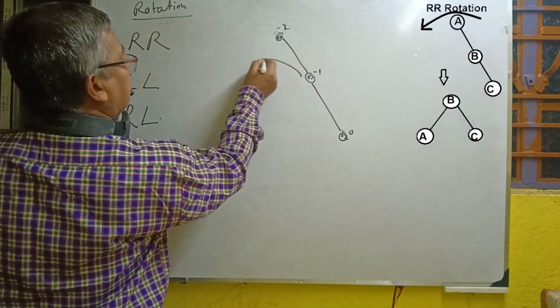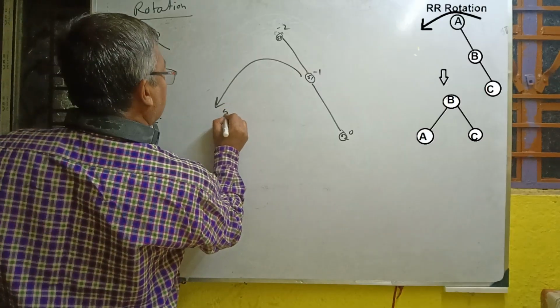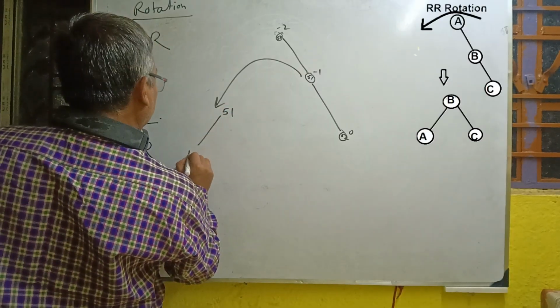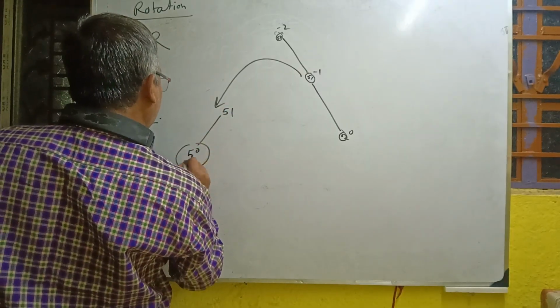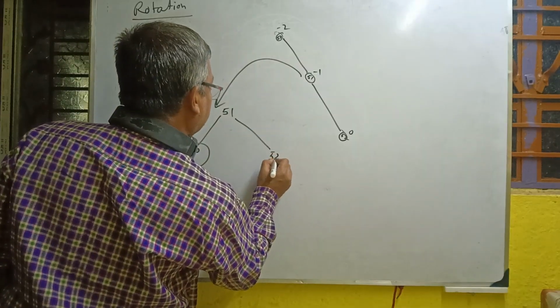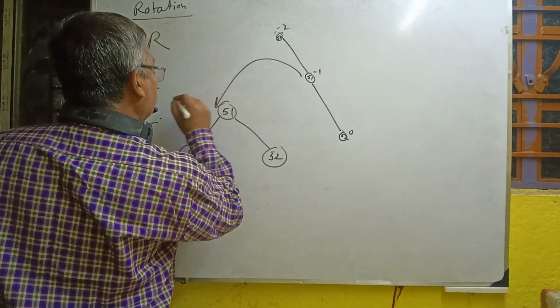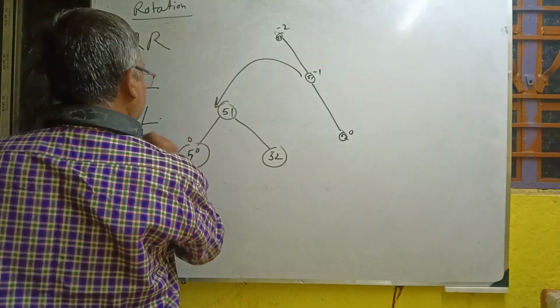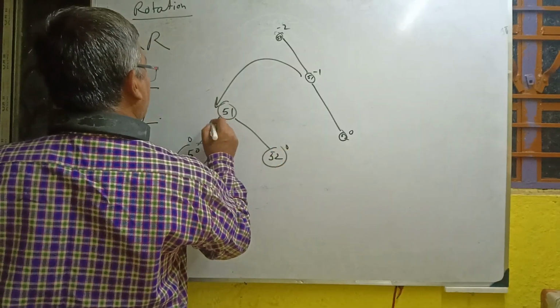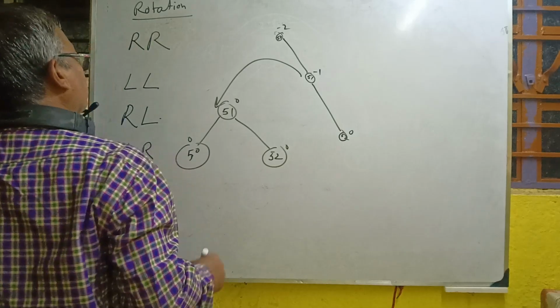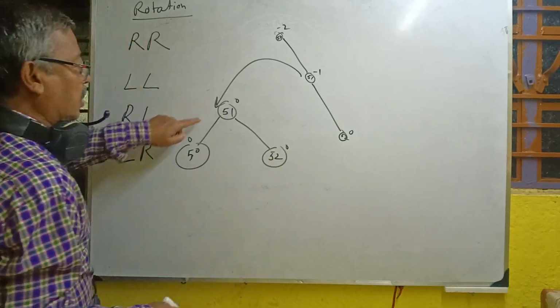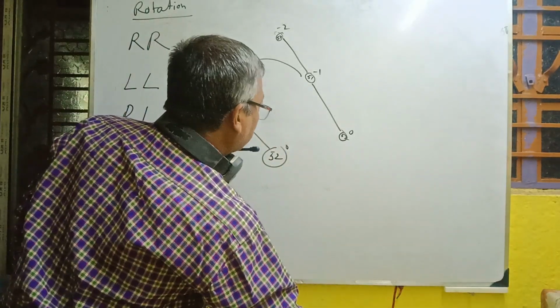So the movement will be: 51 will come up, 50 will go to the left child of 51, and 52 will take the right position. If we calculate BF, 50 is 0, 52 is 0, 51 is 1 minus 1, that is 0. So this is called RR movement.